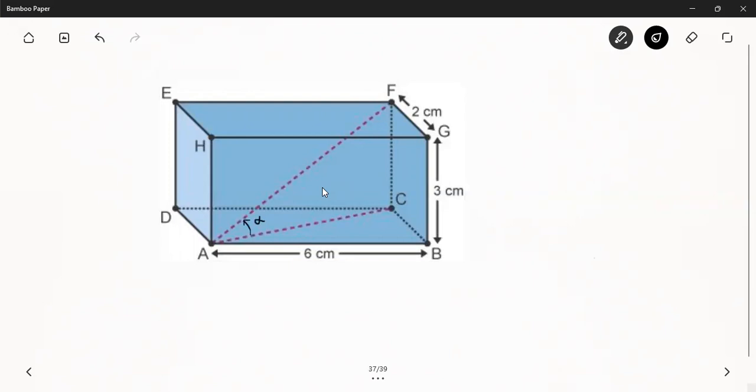The task is this pink colored triangle. This is called the angle of elevation. We are just going to find how much alpha is just by knowing the lengths of this box.